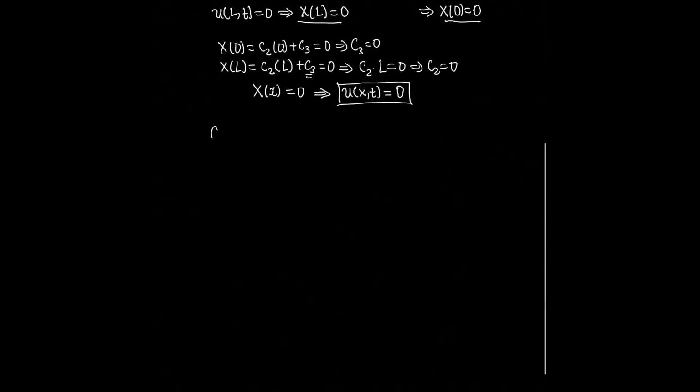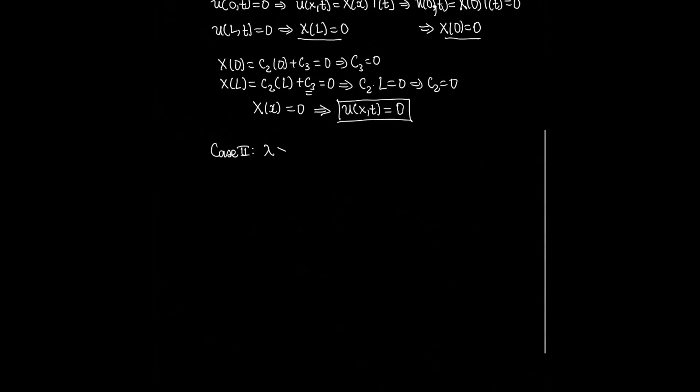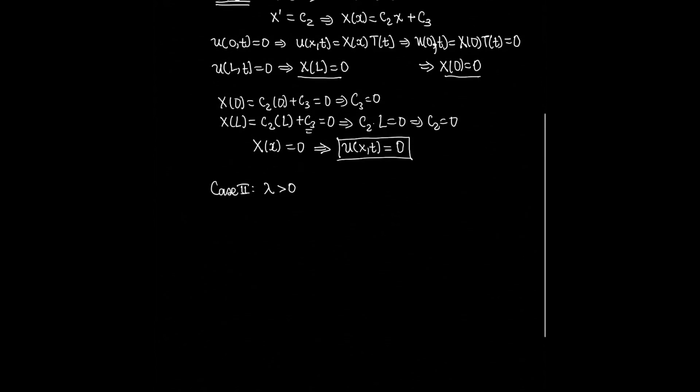Now I go for case 2, if lambda is positive. I'm going to say lambda equal to plus alpha squared, because alpha is going to be any number, and alpha squared is always going to be a positive number.